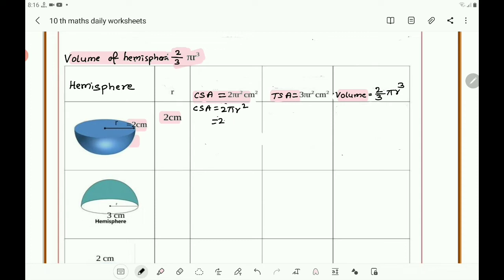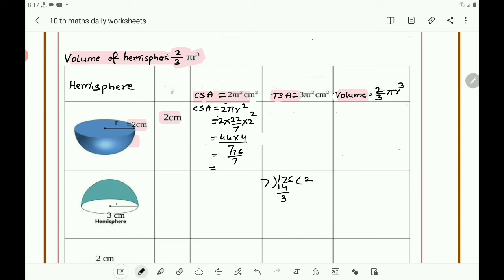Then you write 2 into 22 by 7, r square is 2 square, that equals 2 into 22 is 44 into 4 by 7. Then 4 4s are 16, 1 carry, 4 4s are 16 plus 1, 176 by 7. Then if you divide 176 by 7, you will get 7 2s are 14, 3 is remaining.